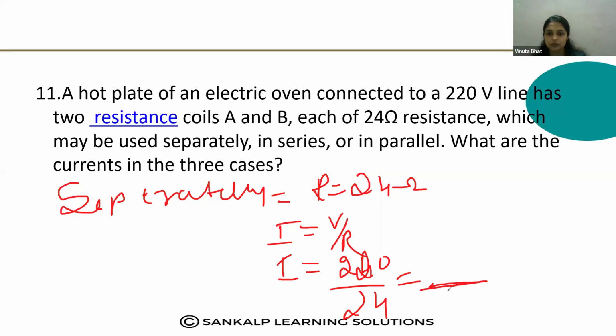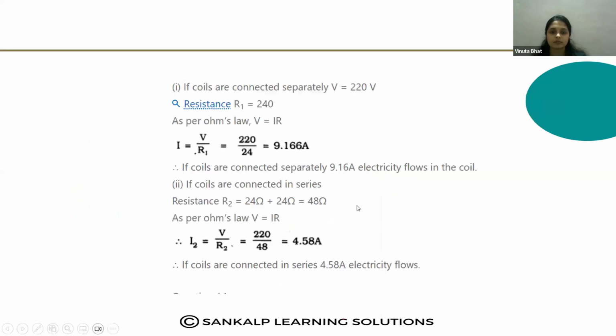So what will you get? That is the answer. Okay. Yes, like this you have to solve this sum. Write it when it is connected separately, when it is connected in series, and one more thing you have to write is when it is connected in parallel.